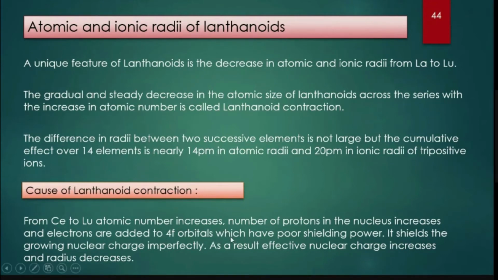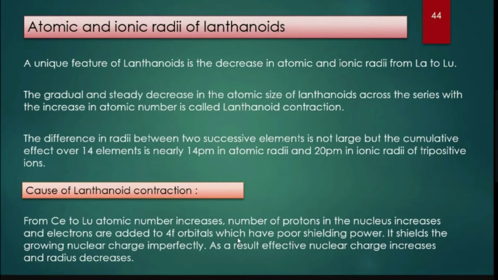Here, in the case of lanthanides, the 4f orbital is progressively filled. So these electrons are added in the 4f orbitals, which have a poor shielding effect. In the previous classes, we have studied about the shielding power, right? Here 4f orbitals have a poor shielding effect, in the sense that the electrons present in the 4f orbital cannot overcome the force of attraction exerted by the nucleus.